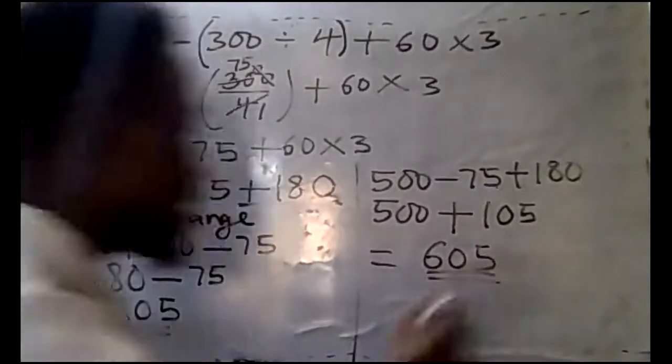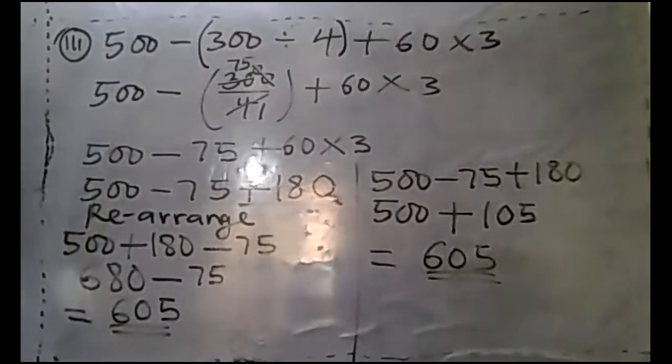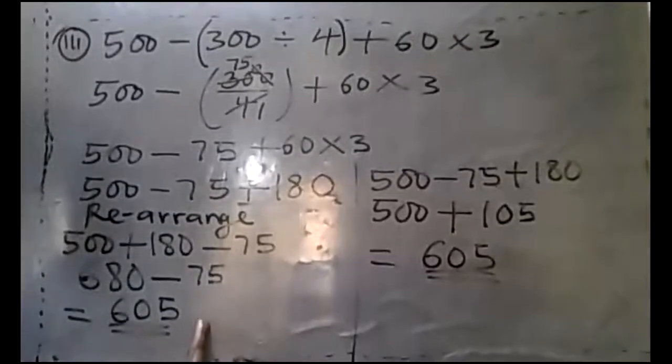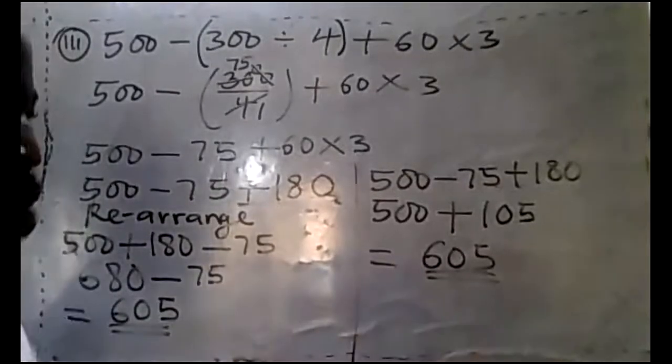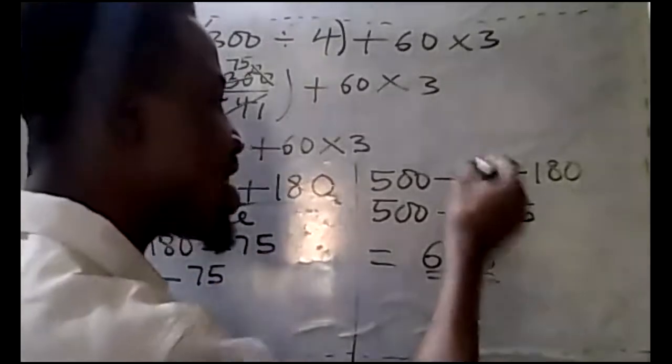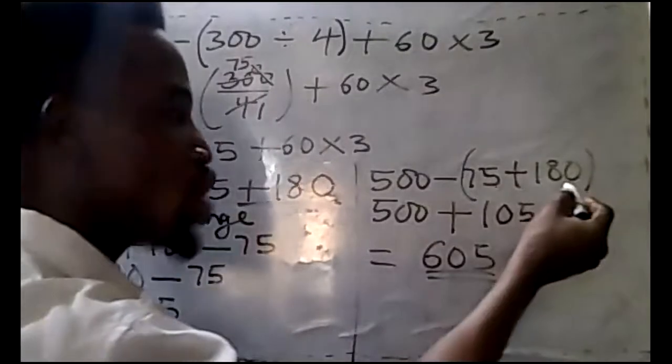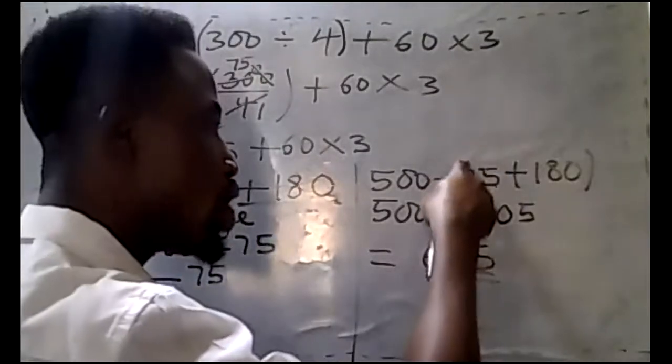Is it not the same thing? So if you do it this way, or you do it that way, you're going to arrive at the same answer. So I repeat, do not bracket it like this and say 75 plus 180. No, you're going to get it wrong.